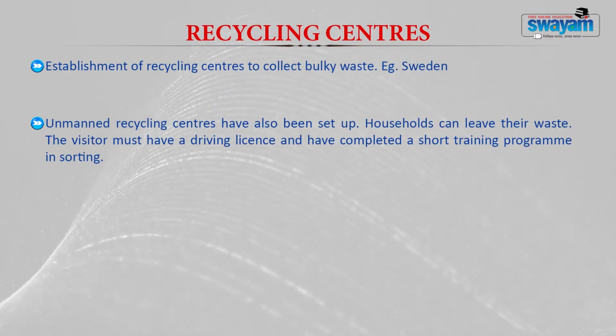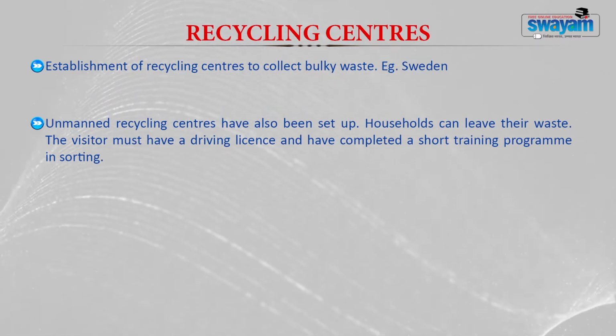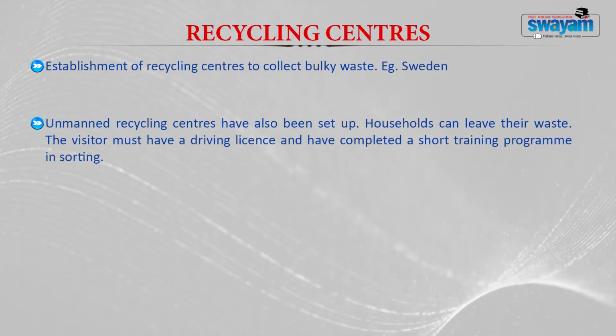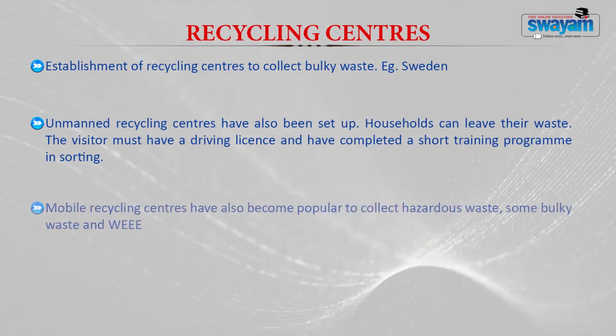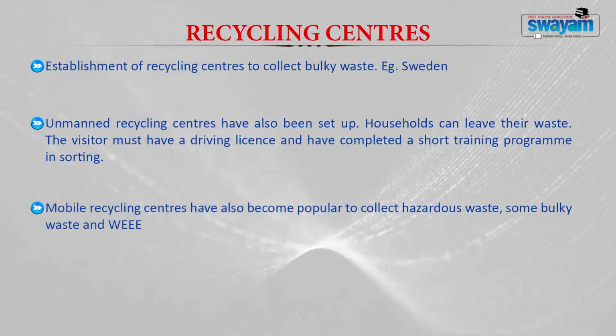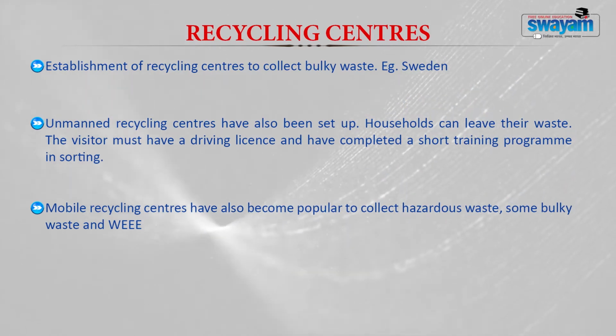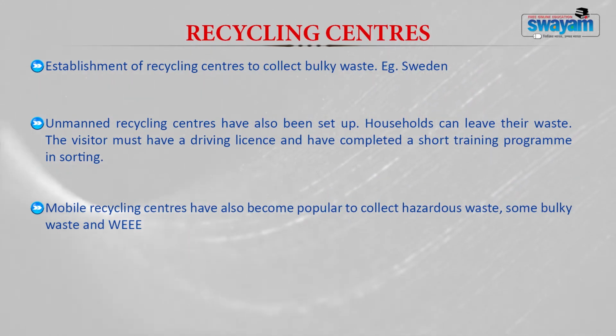In addition to these recycling centers, you also have certain mobile recycling centers. Now, these mobile recycling centers have become very popular, especially for the collection of hazardous waste, some bulky waste and WEEE. WEEE is waste electrical and electronic equipment.